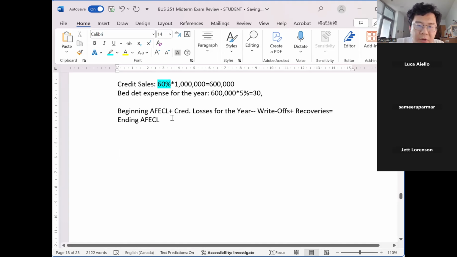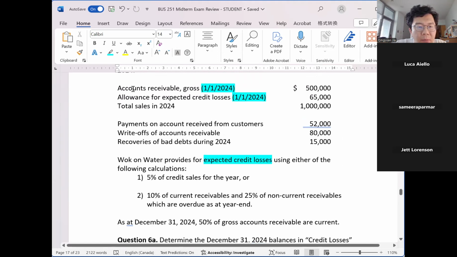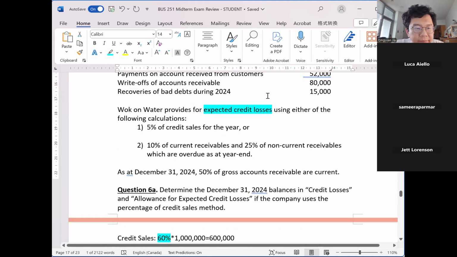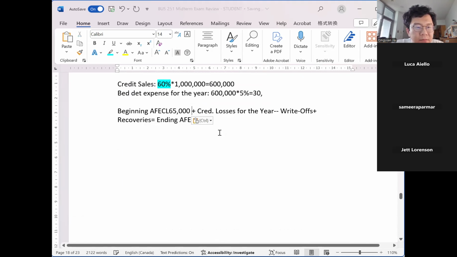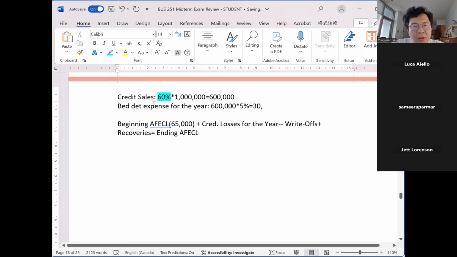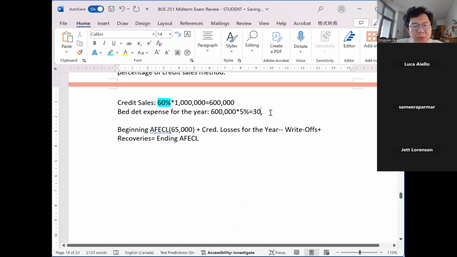And let's just try plugging in the numbers. Opening AFECL, we have it here, right? So this is 65,000. And this one, credit loss for the year, bad debt expense for the year. So this is what we just calculated. So we put it here.